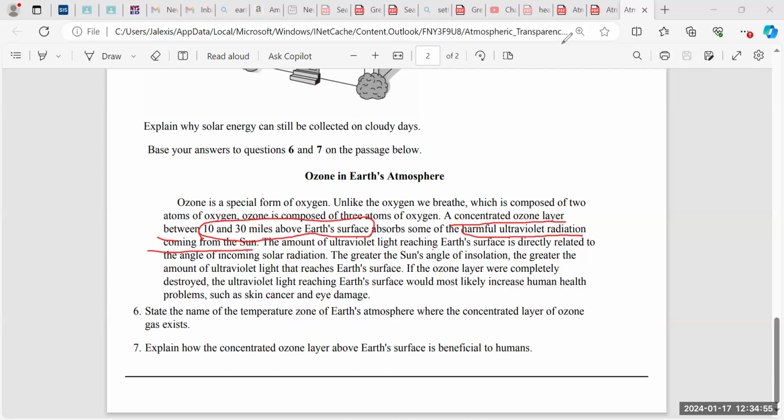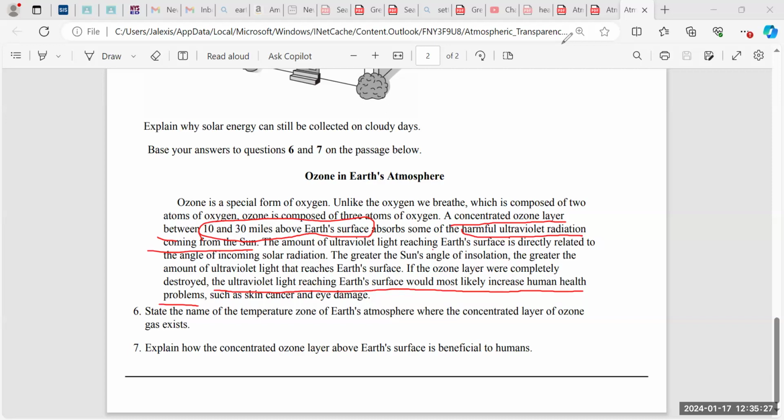All right. And then it says the amount of ultraviolet light reaching Earth's surface is directly related to the angle of incoming solar radiation. The greater the sun's angle of insolation, the greater the amount of ultraviolet light that reaches Earth's surface. If the ozone layer were completely destroyed, the ultraviolet light reaching Earth's surface would most likely increase human health problems such as skin cancer and eye damage.